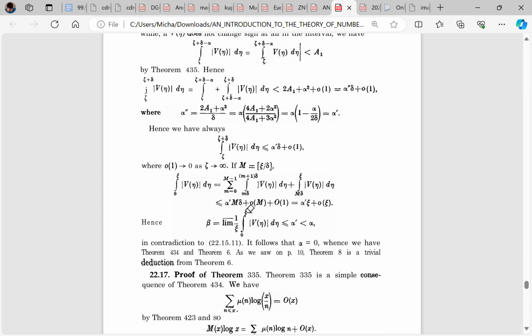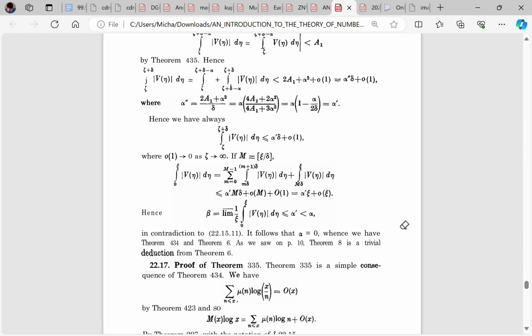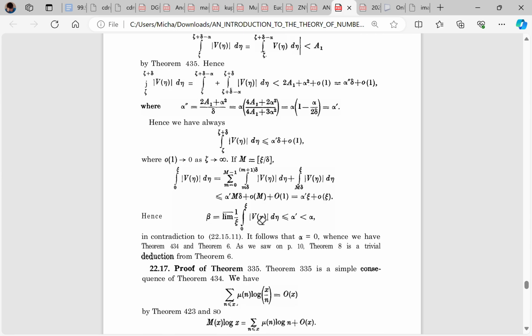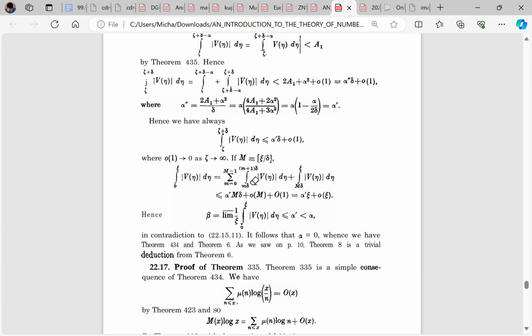So from 0 to xc, you can break it up into all the deltas, as many deltas as you need until this interval is smaller than delta. Okay. And we're saying that for each integral across the length delta, it's alpha prime plus little o of 1.